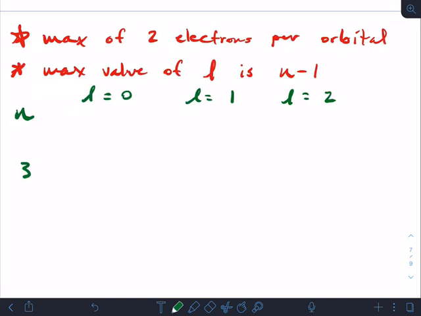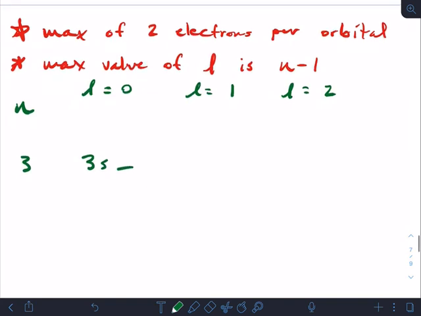So if my n value is 3, the most my L value could be is 2. At L equals 0, that's an s orbital, so I've got 1 orbital there. If my L value is 1, then it's a p orbital, and I've got 3 orbitals there. If my L value is 2, then that's a d orbital, 3d. There's 1, 2, 3, 4, 5 there.